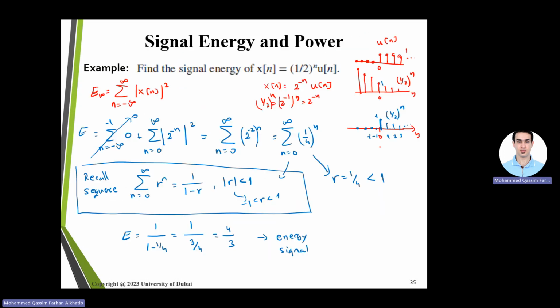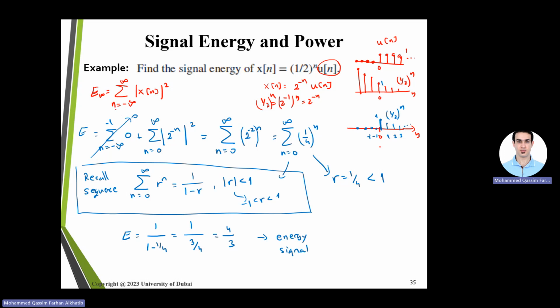Same thing for power. Now, find the signal energy of x of n equals 1/2 to the power n, u of n. You're just using the formula, x of n squared, n from minus infinity to infinity. Now we have u of n. Like what we did in integration, u of n will eliminate the negative indices. There I start my integration from 0 to infinity; now I start my summation from 0 to infinity.